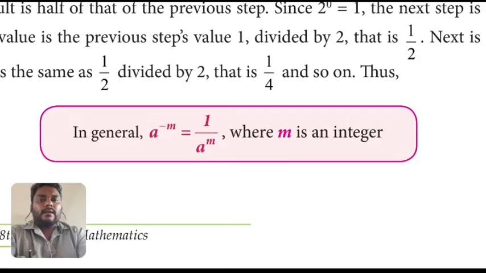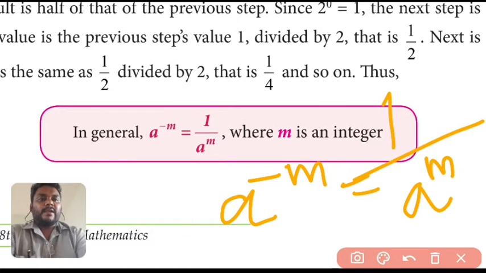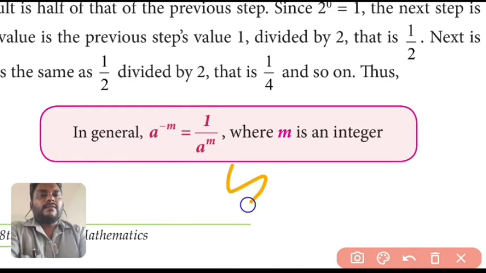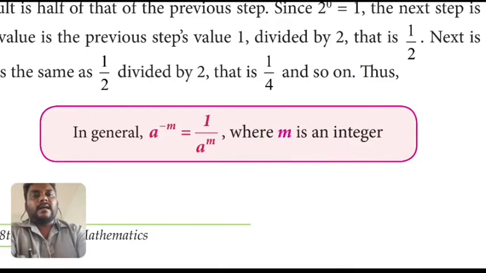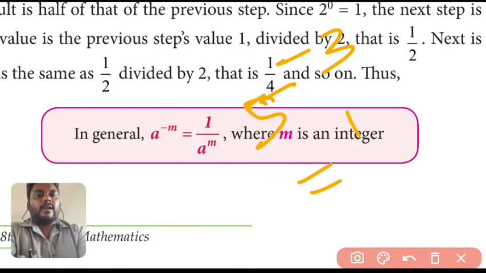If negative exponents come, what do we do? If a power minus m comes, we take 1 by a power m, the inverse. For example, 5 power minus 1 equals 1 by 5 power 1. 5 power minus 3 equals 1 by 5 power plus 3.